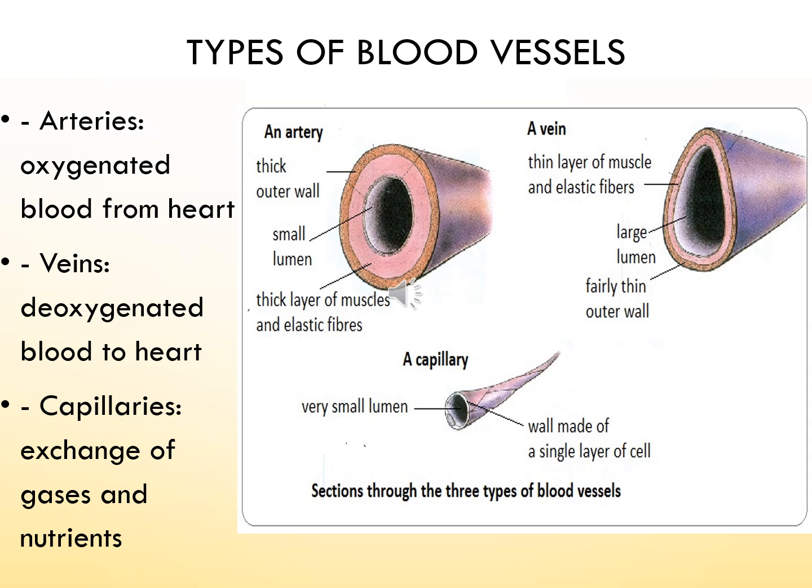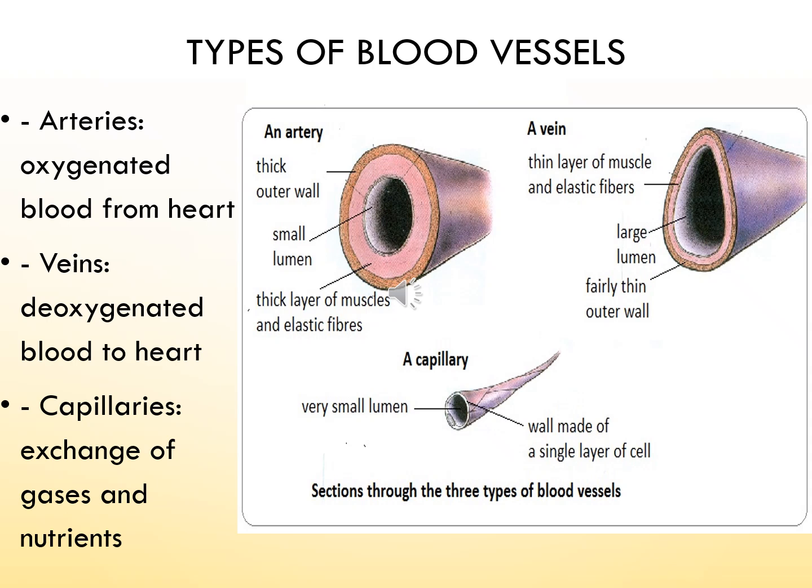Then you have vein, which comparatively has a less thick wall. This wall of it is comparatively thinner as compared to the arteries. So the lumen is large and they are superficial. You can see them on your skin as well, and they carry deoxygenated blood with an exception: pulmonary vein, which carries oxygenated blood.